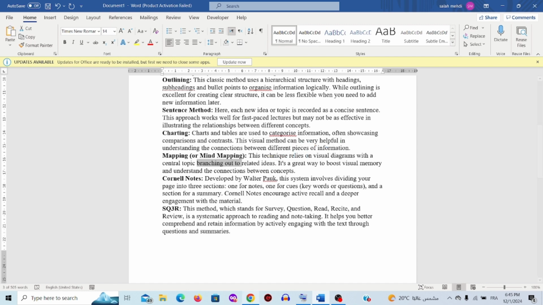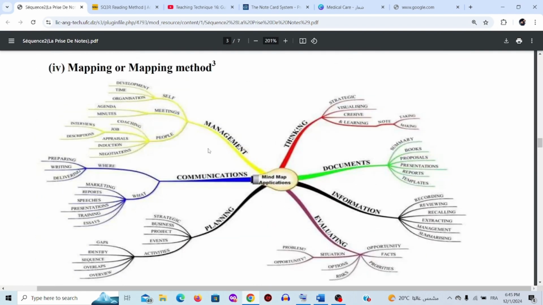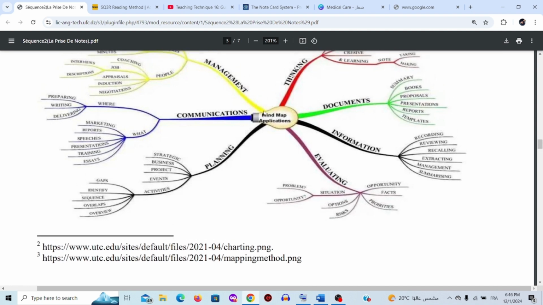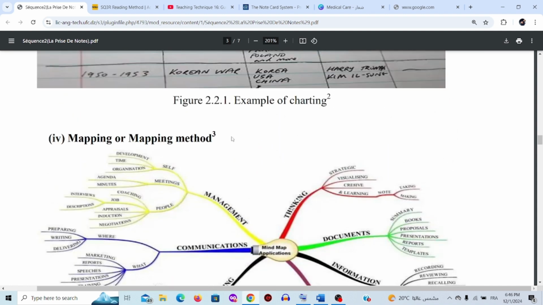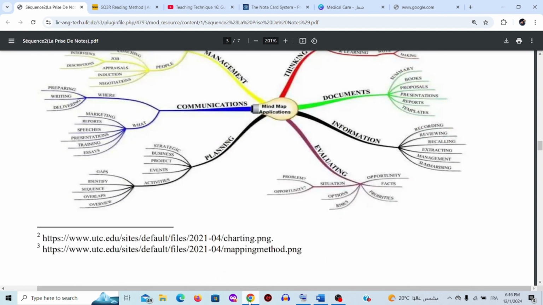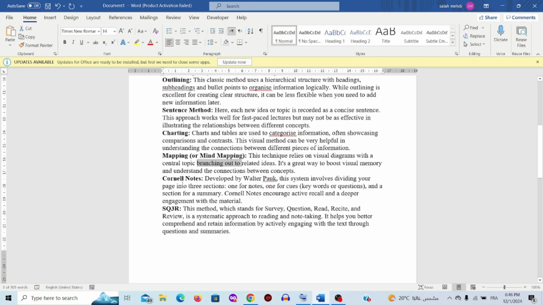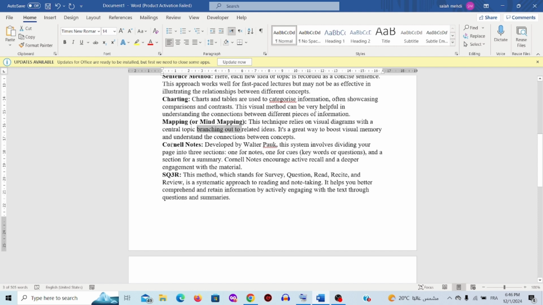Like this, for example, this is one piece of information, and this is the related information. This is like a map, الخرائط الذهنية. We use them a lot in geography, for example, when we studied in high school, and in history. Also we have Cornell notes. This system involves dividing your page into 3 sections.